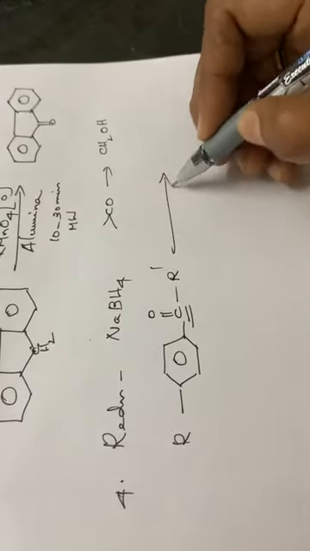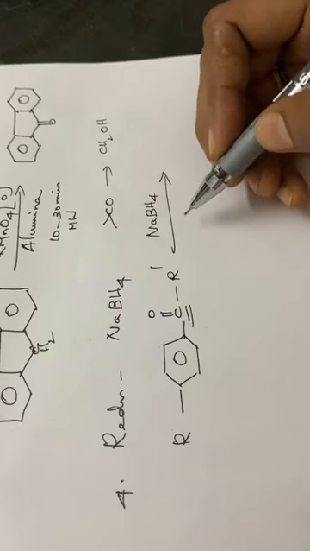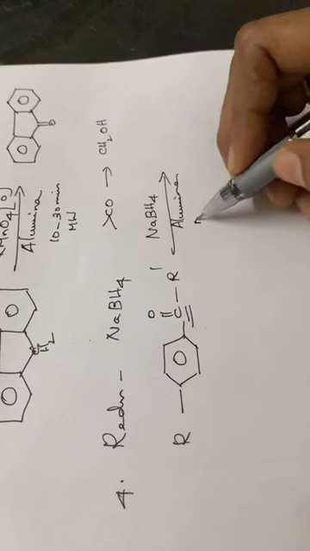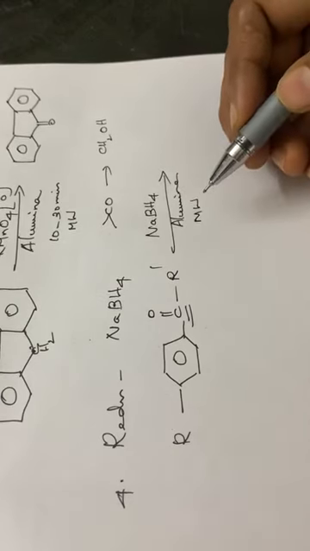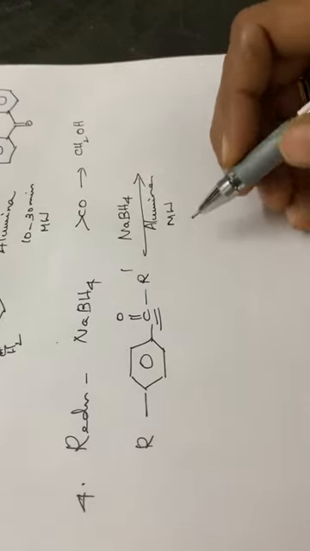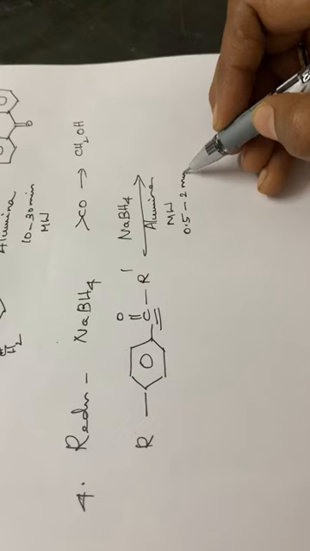So here we are using NaBH4, sodium borohydride, as the reducing agent in the presence of alumina, and microwave radiation is passed through it, or it will be conducted in a microwave oven, and the time taken will be between 0.5 to 2 minutes.